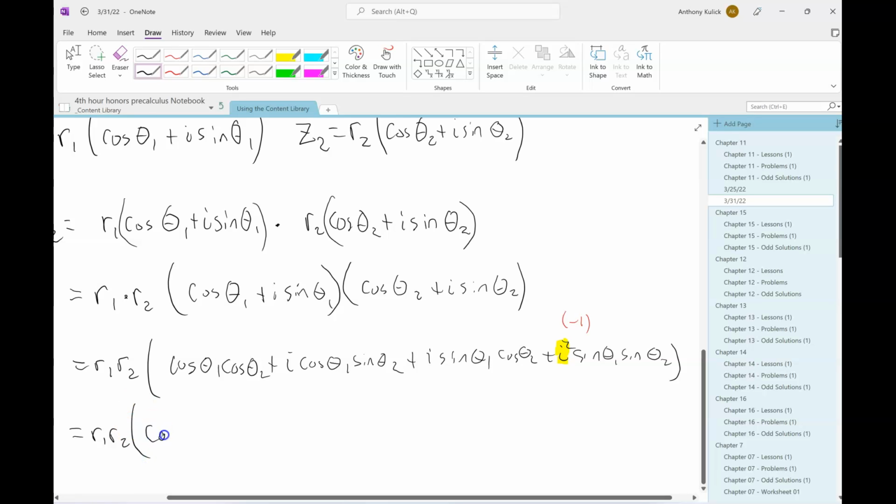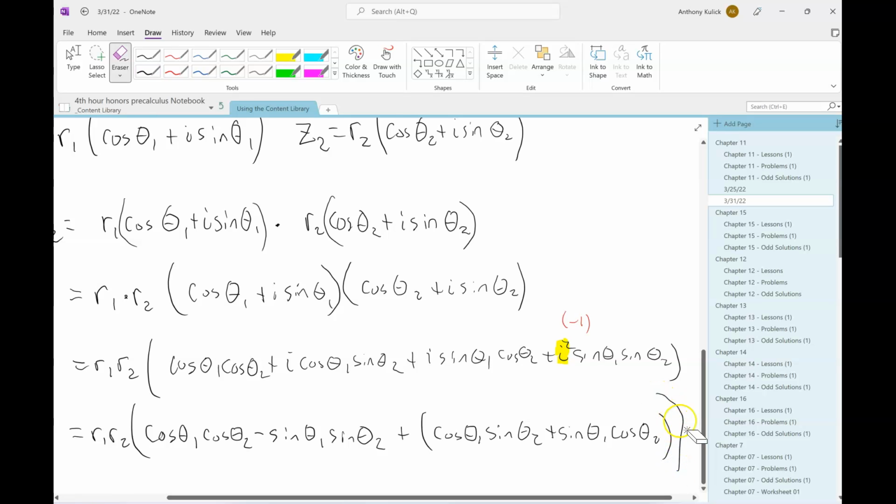I'm going to group together the things without the i's in them, and I'm going to group together the things with the i's in them, just like that.